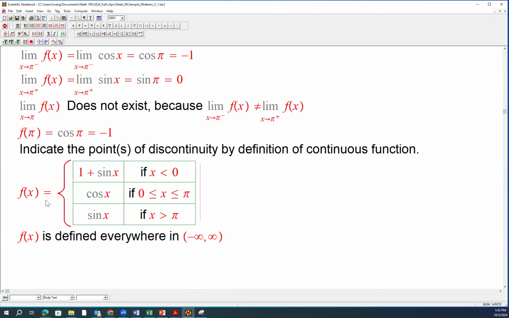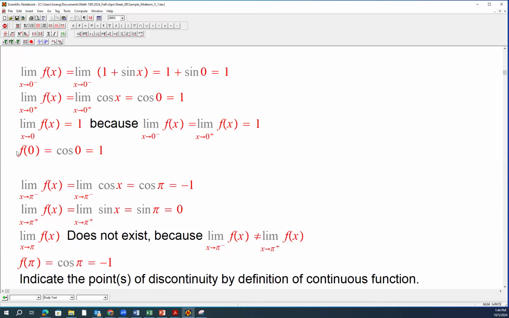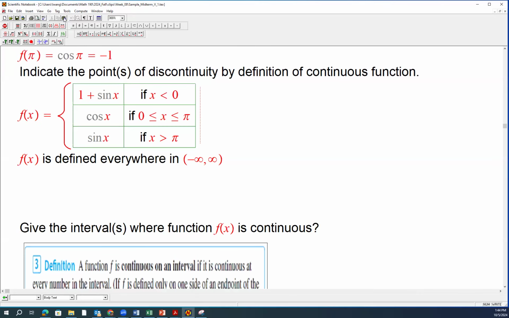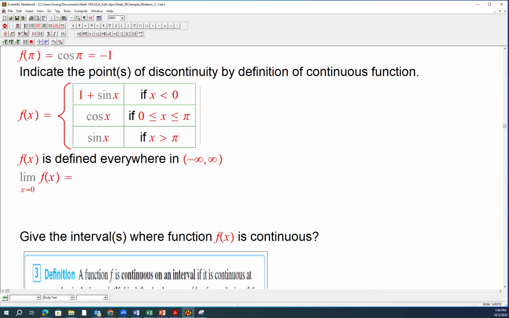So at pi, well, let's say at 0, right? At 0, the limit at 0 is the same as the value of the function at 0. So at 0, you can say that it equals f of 0.